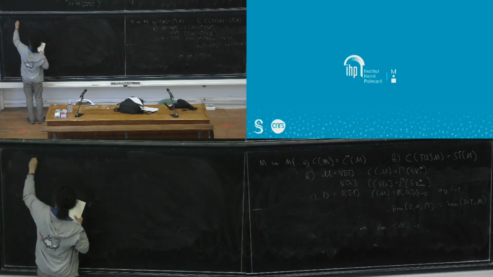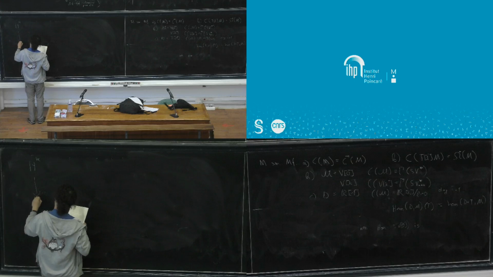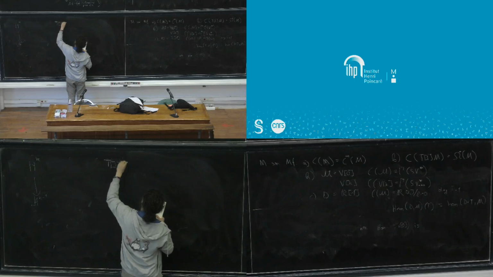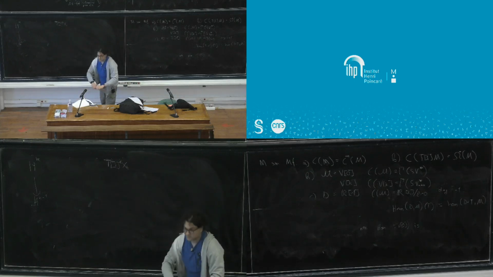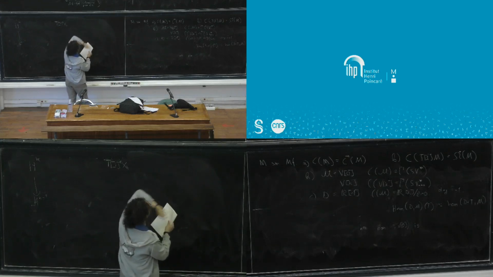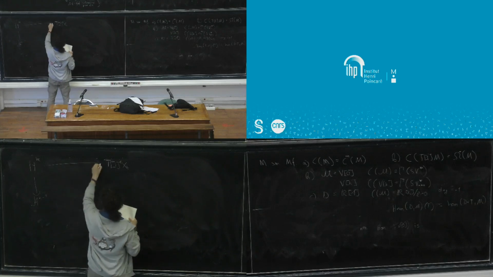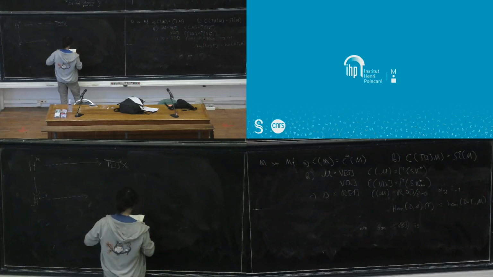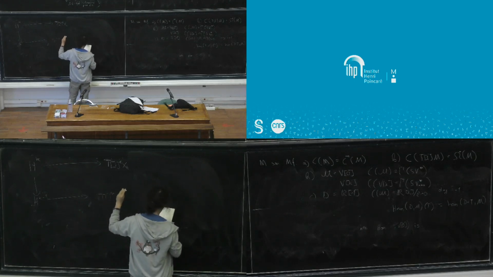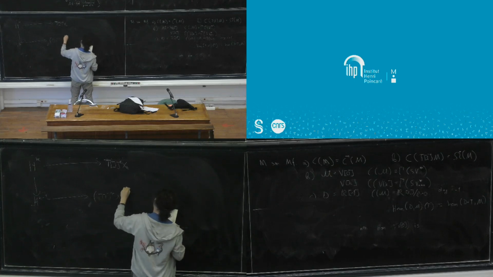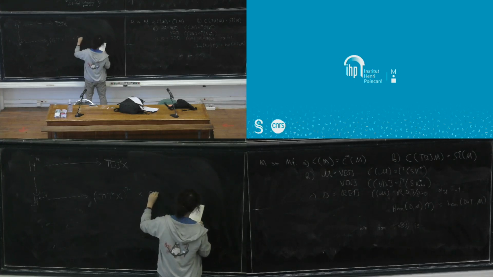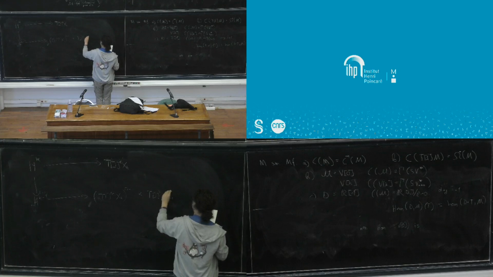So we have H_{k-1}, T1^k X_k here, corresponding to that one, and here we get T1^{k-1} X_k to some power, and T1^k X_{k-1} to some other power.